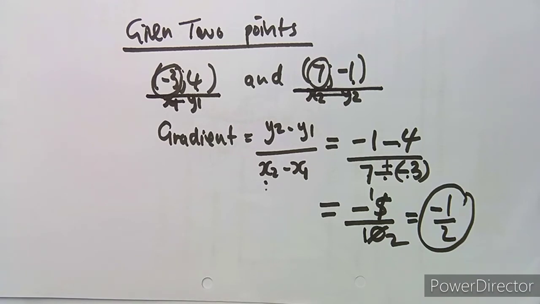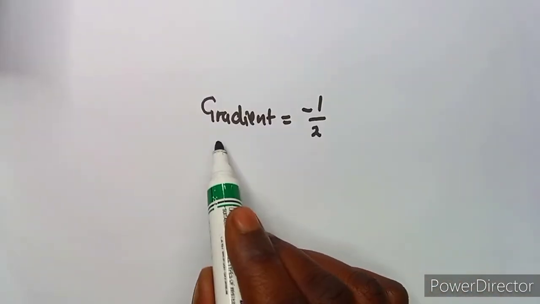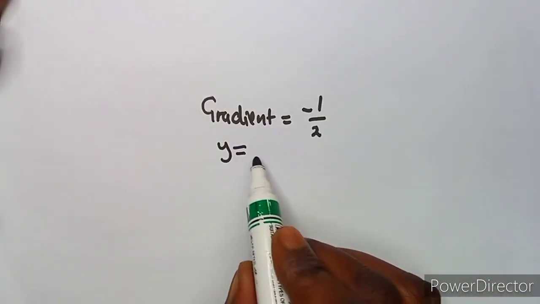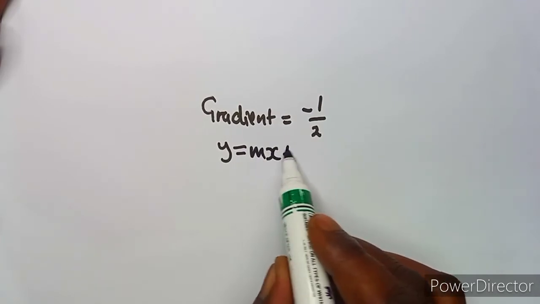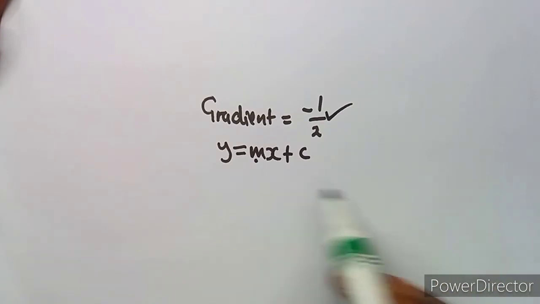So you choose which of the methods you're going to take. You can actually use the one that we used previously, because the gradient is there. Remember, we said we can use the equation y is equal to mx plus c, where m represents the gradient, and I now have the gradient, so I can use this again. Or I'm going to show you another one.